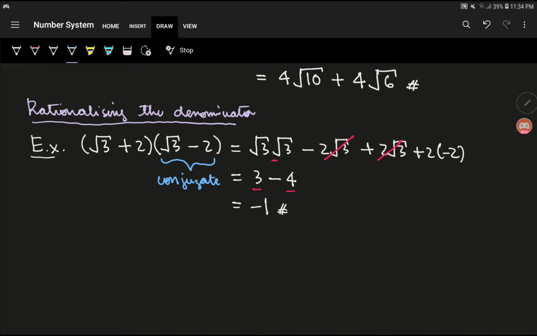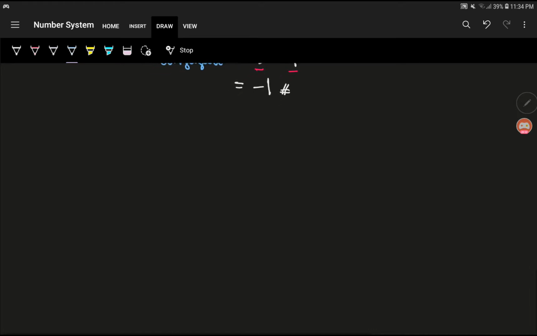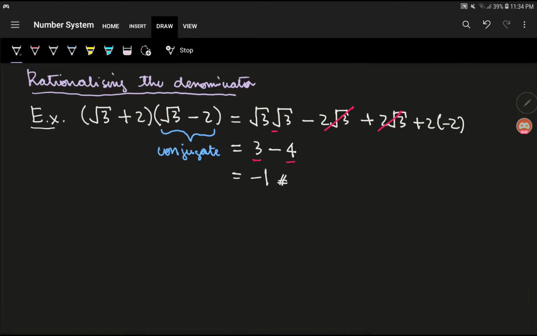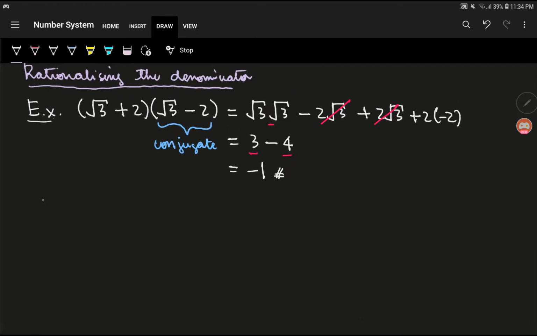Okay, so surd 3 minus 2 is a conjugate of surd 3 plus 2. So from here we can conclude that this is called a conjugate.